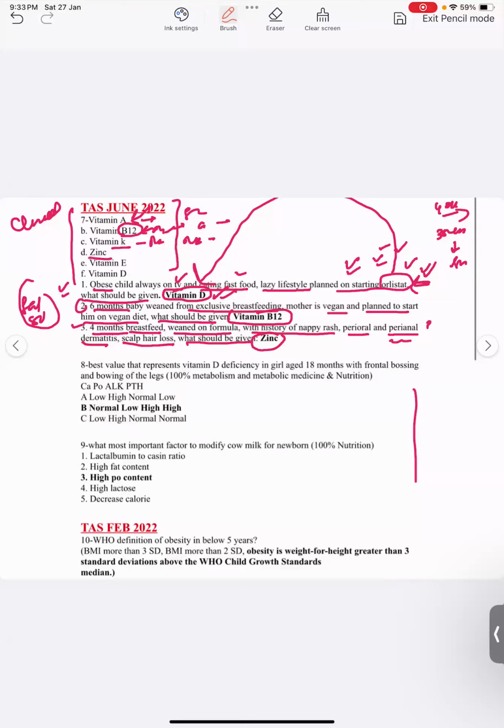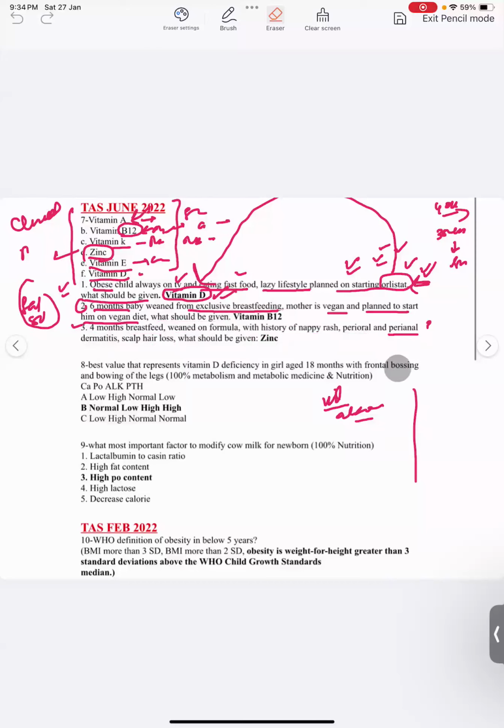With zinc deficiency, that is acrodermatitis enteropathica, perioral and perianal rash may be present. With vitamin E deficiency, there may be hemolytic anemia, and the patient may come to you with ataxia. Vitamin E deficiency is present in abetalipoproteinemia. Vitamin D deficiency will come with rickets.